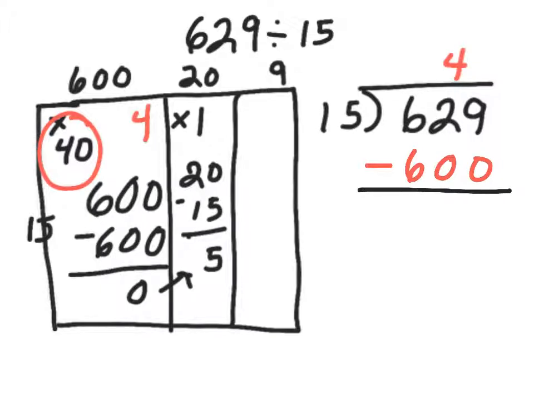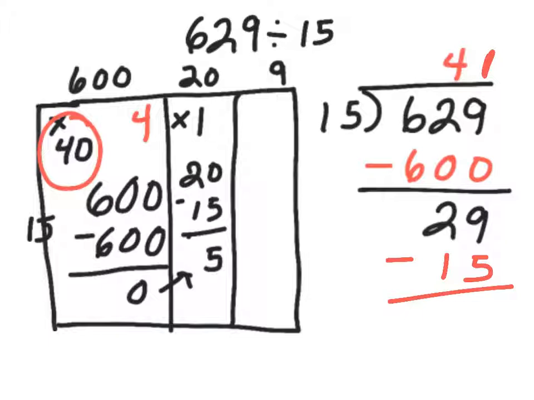So 629 minus 600 will leave me with 29. So now I have 1 unit. 1 times 15 gives me 15. 29 minus 15 leaves me with 14.